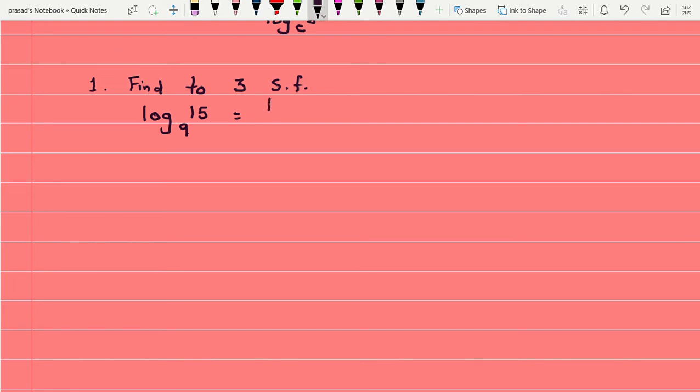So it will be log 15 to base 10 divided by log 9 to base 10, or that is just log 15 divided by log 9. So if I evaluate this on the calculator, it will come out to be 1.23.